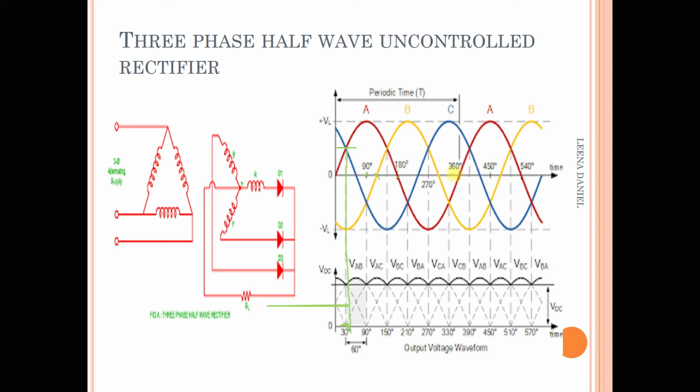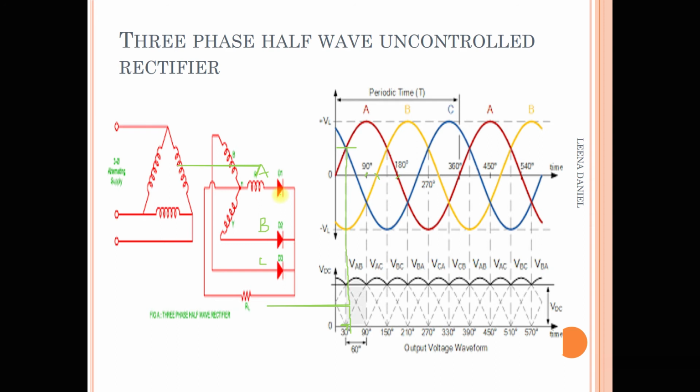Okay, so at omega t equal to 30 degrees, this phase would be taking its highest maximum value. Here in this portion, only this A is at maximum positive. Let us consider this is phase A, this is B, and this is C. So this A is at the highest maximum positive value at omega t equal to 30 degrees.